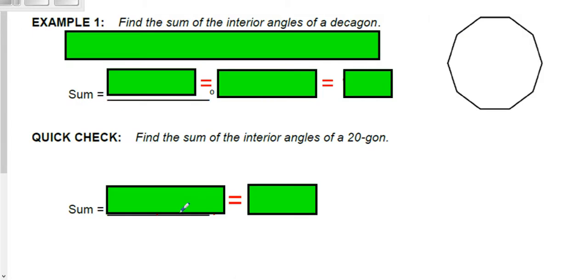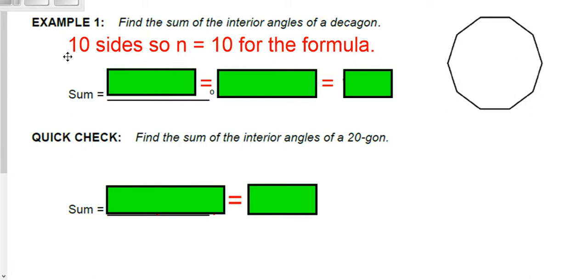Example 1, we'll do a problem with that. It says find the sum of the interior angles of a decagon. So if you forgot what a decagon is, go look at your first page, because we need to know how many sides it has. And a decagon is a 10-sided figure. So in the formula, n is going to equal 10 because n represents the number of sides.